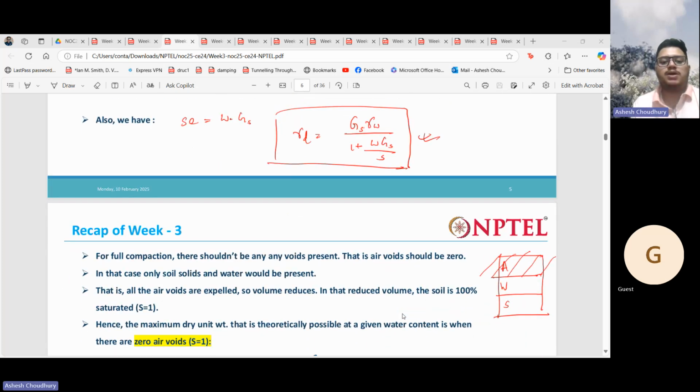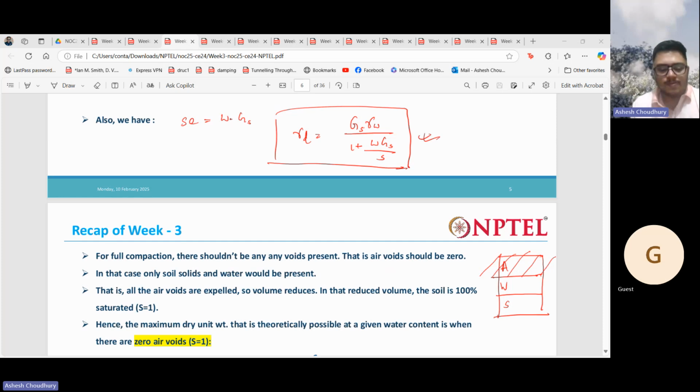Now for full compaction, there should not be any void present. That is, air void should be zero. In that case, only soil solids and water should be present. If all the air voids are expelled, the volume reduces, and in this reduced volume the soil is 100% saturated.